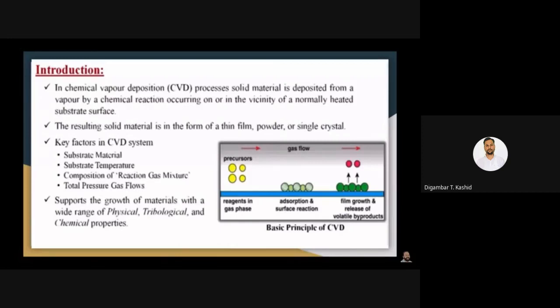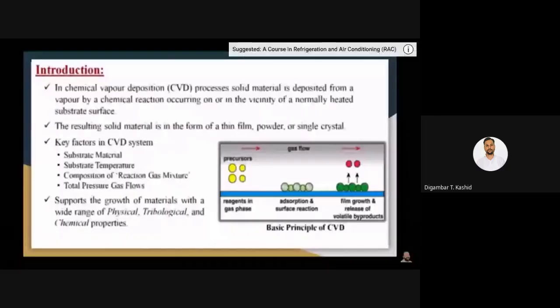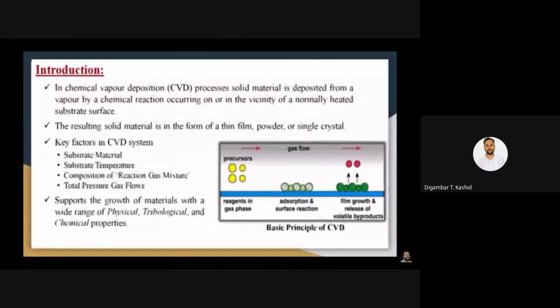These come out from the surface itself, so that we get a good material coating on top of the surface. So this is the general idea of the chemical vapor deposition process.